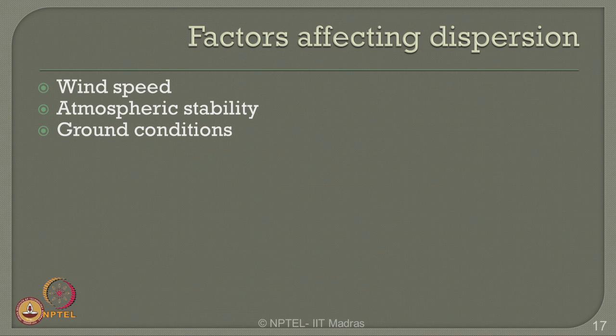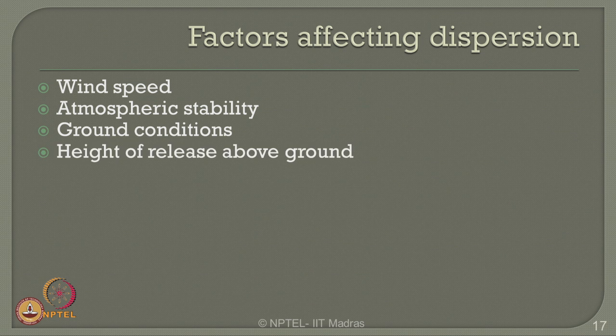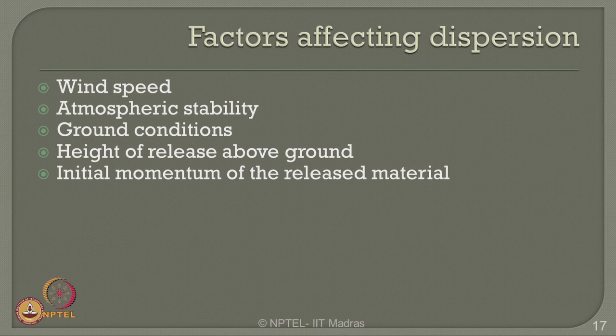One can also see that the ground conditions or the interferences or obstructions on the ground surface will also affect the dispersion models very significantly. It is very important at what height the release is happening above the ground. As it is higher and higher, the dispersion models will have a different strategy to get dispersed in the atmosphere. It also depends upon the initial momentum which is present in the released material.